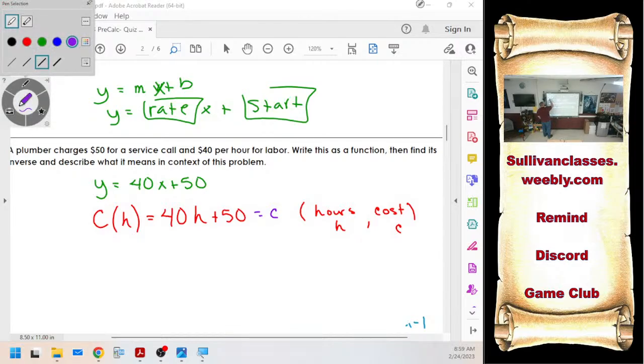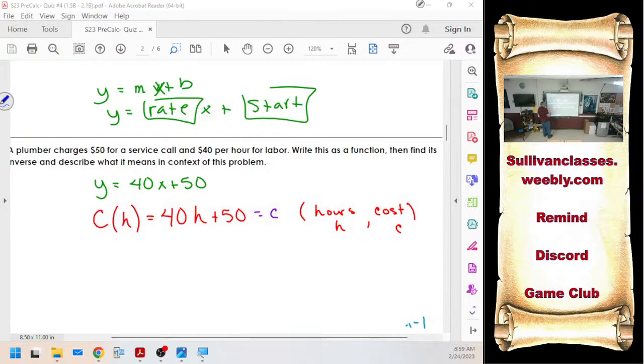Get H by itself. Who's got to go? Okay, subtract 50. And then, so now this is H equals C minus 50 over 40.